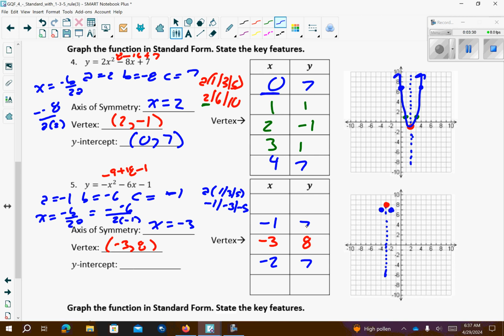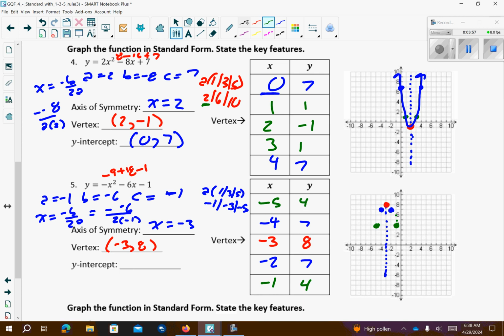I guess I went the wrong way. Oh, that should have been -4, comma 7. Sorry about that. And then we're going to go right 1 down 3, left 1 down 3. So that's going to give me -1, comma 4 and -5, comma 4.